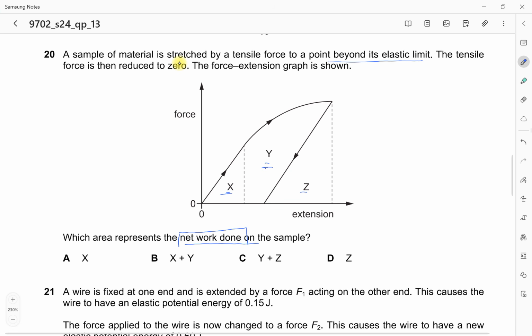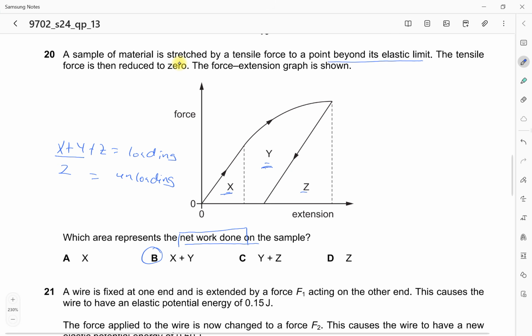So the answer is B. x plus y is the net work done because x plus y plus z is the total work done in loading, then z is the work done in unloading. So x plus y is the net work done because we have to remove whatever is returned on unloading. So the answer is going to be B.